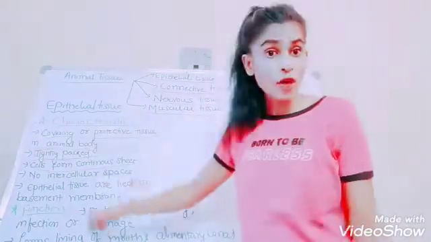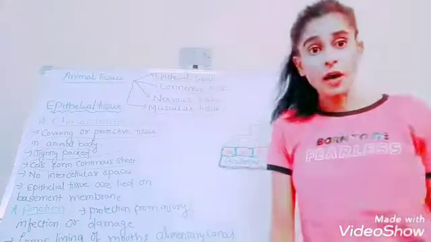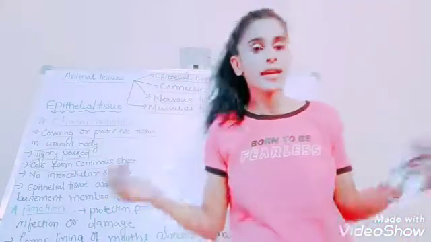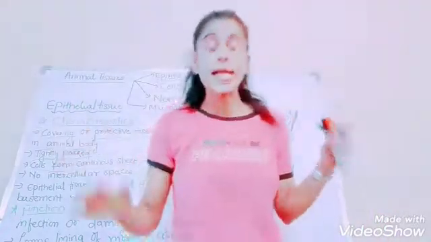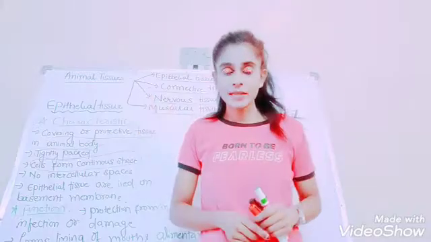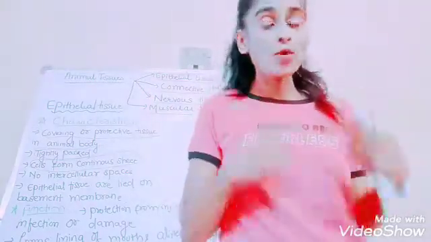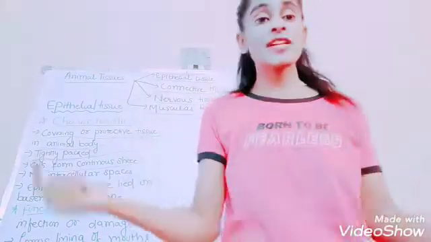Now let's move on to the second function of epithelial tissue. It forms a lining of the mouth and alimentary canal. Listen to this sentence very carefully: it forms an inner lining of the mouth and alimentary canal.